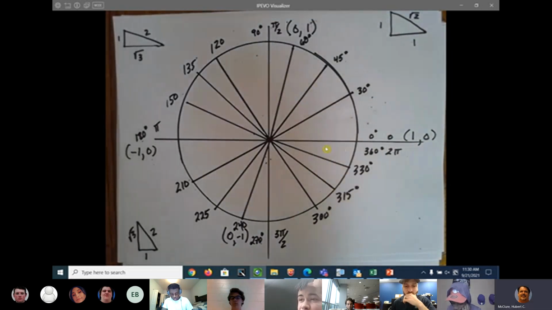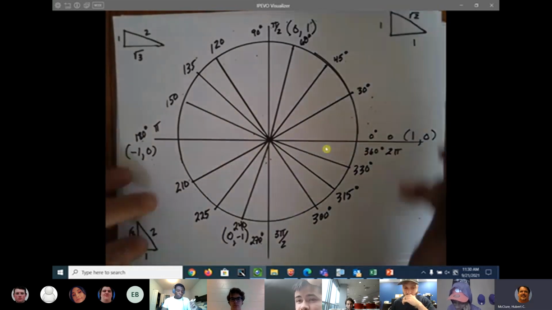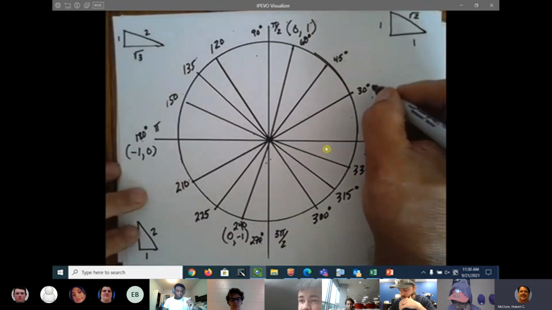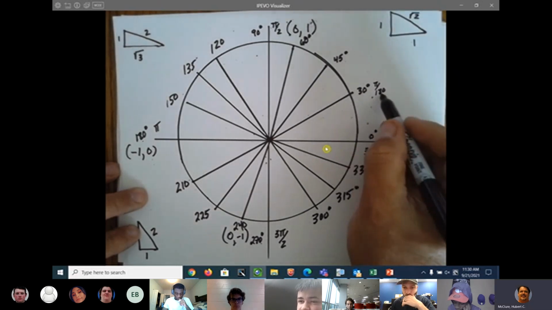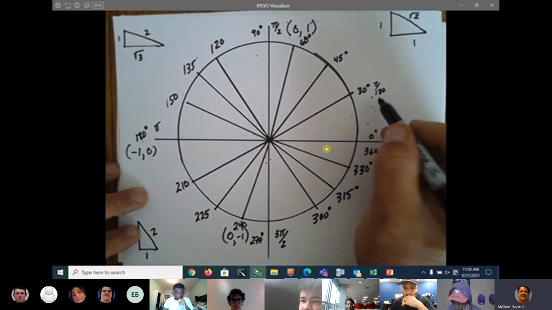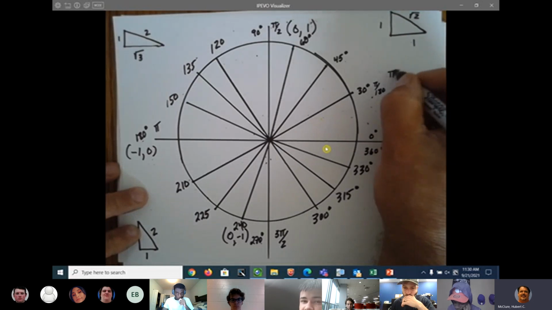Okay, now we're going to take those special angles and we're going to do the radians. So this will be 30 times pi over 180. And 30 will go into 180 6 times. So that'd be pi over 6.